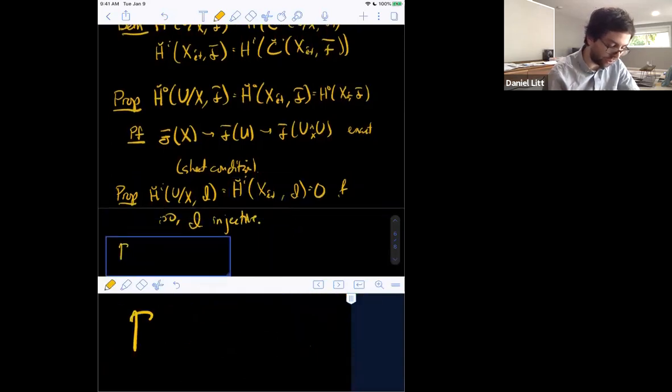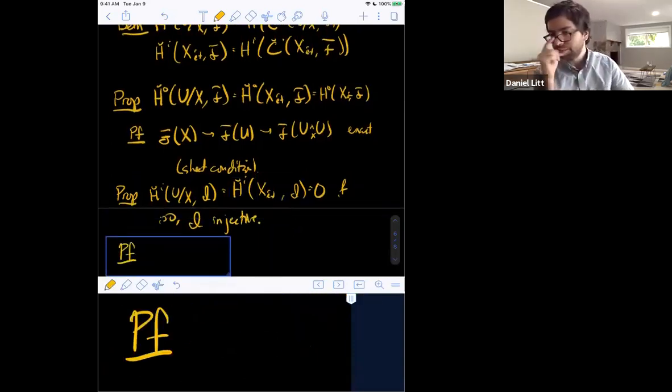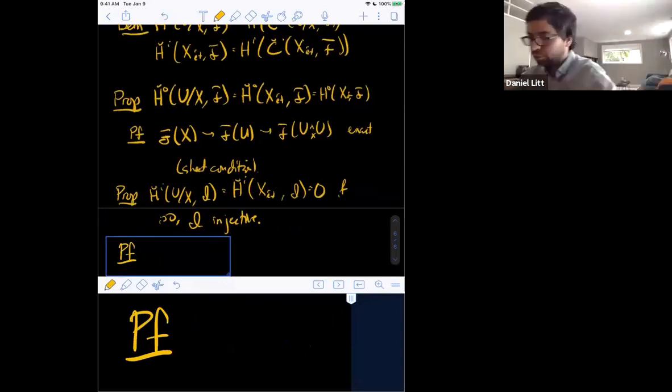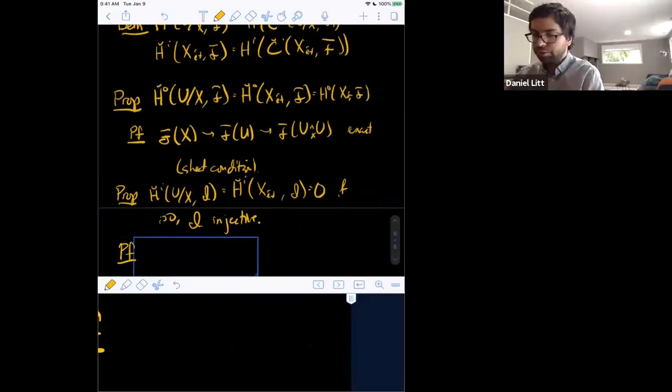So let's actually prove this. I'm going to give you a different description of Čech cohomology in order to do this, which I think is kind of cool. I think this is a useful point of view.